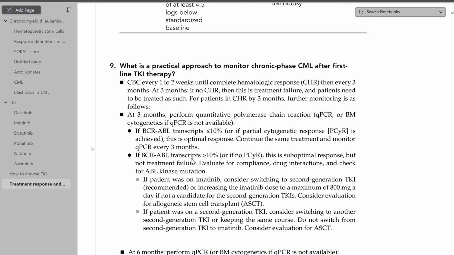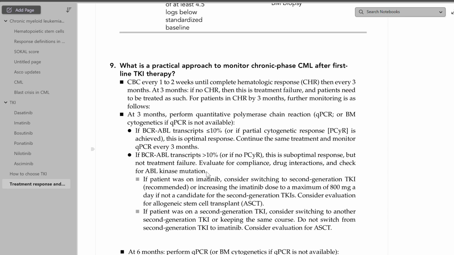When we first get the CML patient, we do CBCs and we check the BCR-ABL, and at 3 months, we should see some response, partial cytogenetic response. At 3 months, we should see a BCR-ABL of less than 10%. But if it isn't less than 10% at 3 months, then we call it inadequate or partial cytogenetic response, and we continue it.